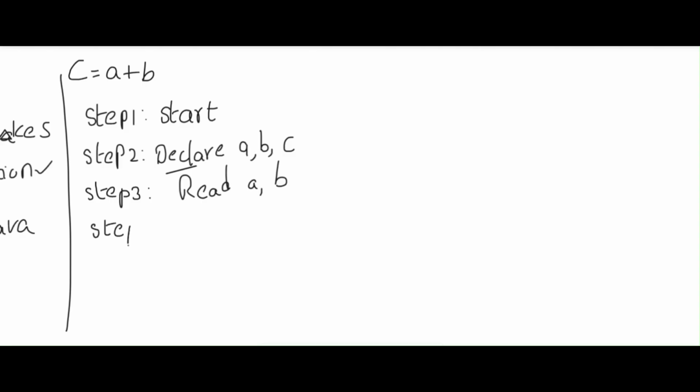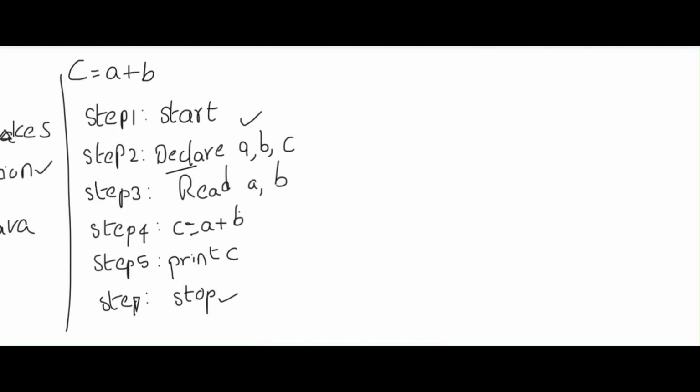You need to have values in A and B. The next step is to add the numbers A and B and keep the result in a variable called C. This is step 4. And then step 5 will simply print the output on the monitor, which is C. And then the last step is simply stop. Step 1 and 6 are very easy, right? Just start and stop. This is how we write an algorithm.